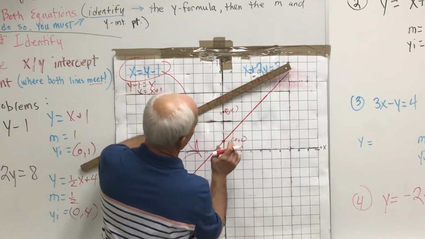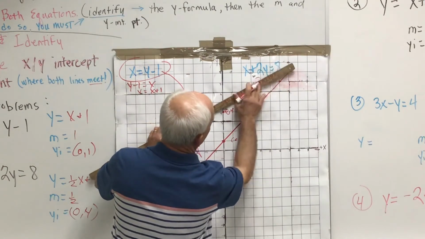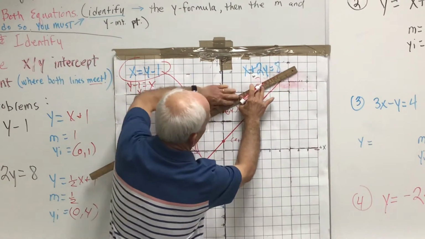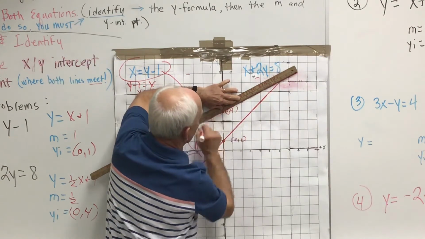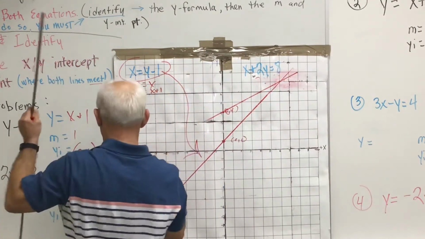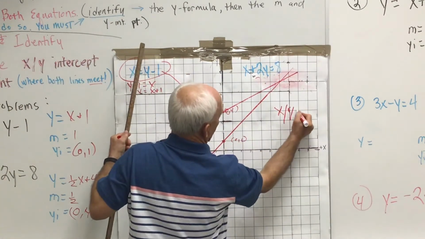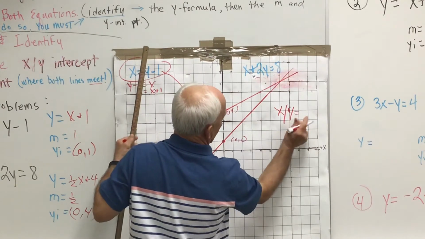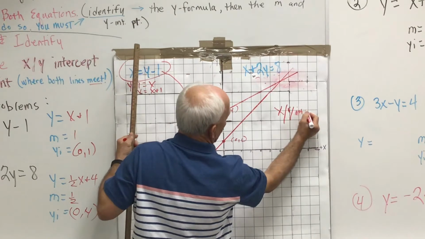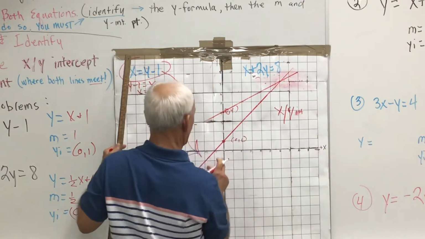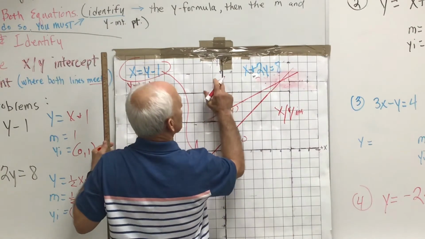Now, let's do the other one. Here we go. Up 1 over 2, up 1 over 2, up 1 over 2. Look, where did I find my intersecting point? Wasn't that easy? Make sure that you write this down. The xy intercept point is, let's see, we have to count up. 1, 2, 3, 4, 5, 6, 7.